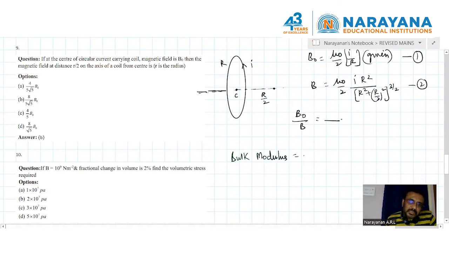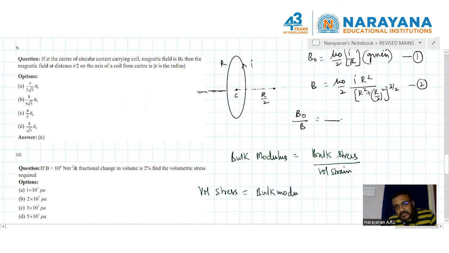Bulk modulus is nothing but bulk stress by volume strain. Or I can say volume stress, otherwise bulk stress, is nothing but bulk modulus into volume strain.